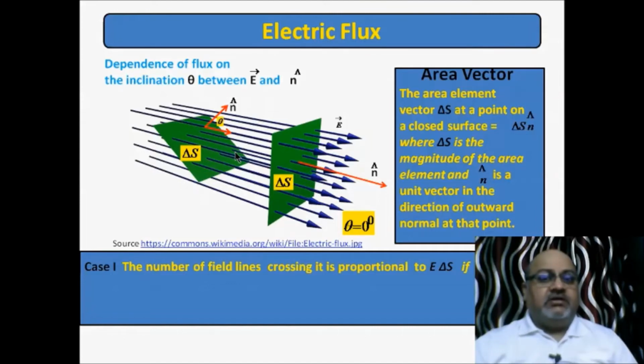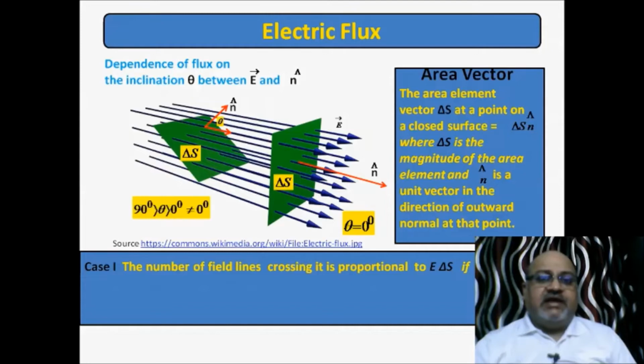Now recall the concept in case of liquid flow. The same case was there. So what was the result there? V ds cos theta. So here replace V by E. E ds cos theta should be the result.